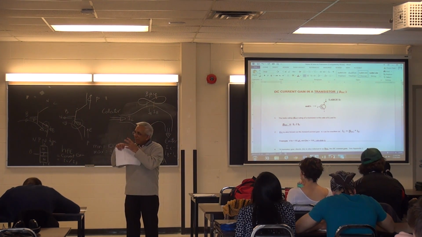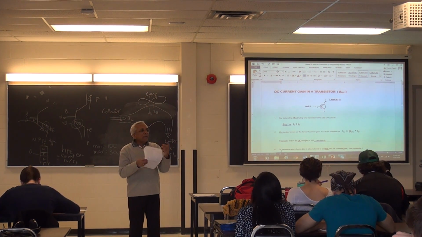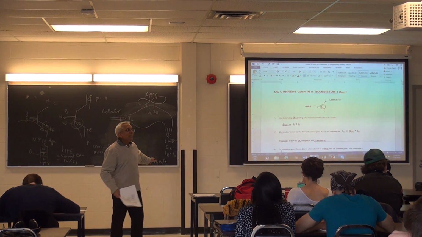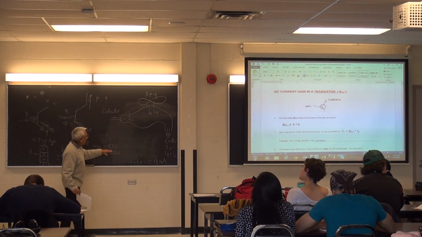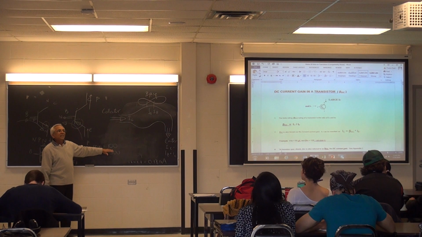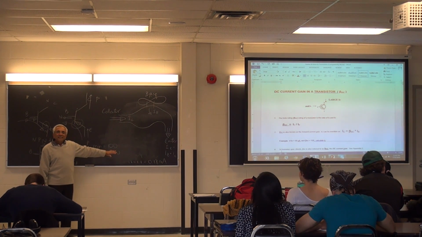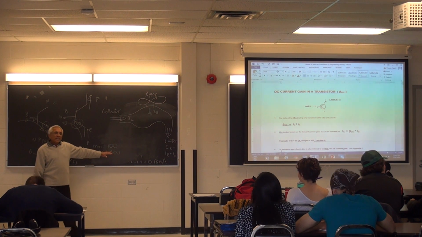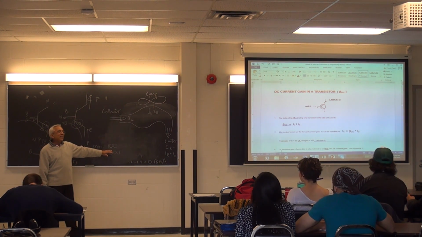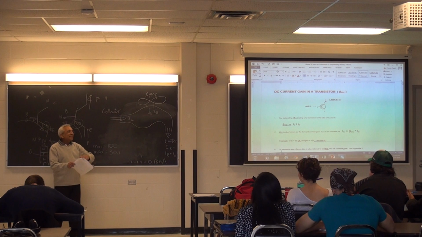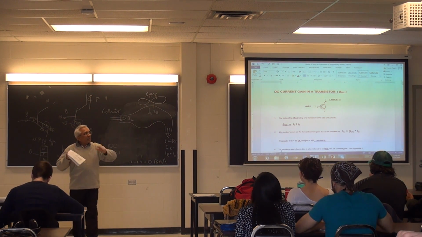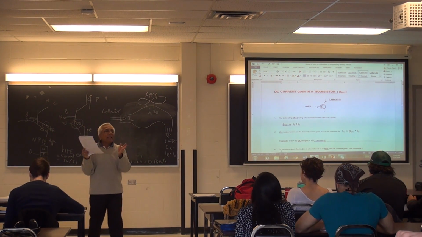So when they put this together, on a Monday, you might have a gain of 125. On a Tuesday, you may have a gain of 150. On a Wednesday production, you may have a gain of 200. There is a variation in this gain from one batch of transistors to the next.